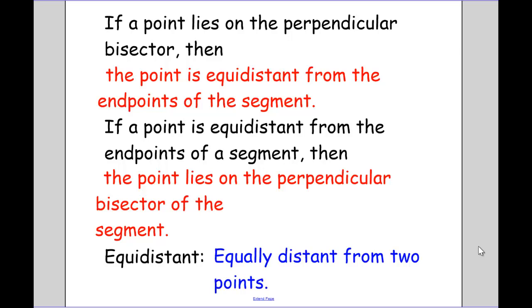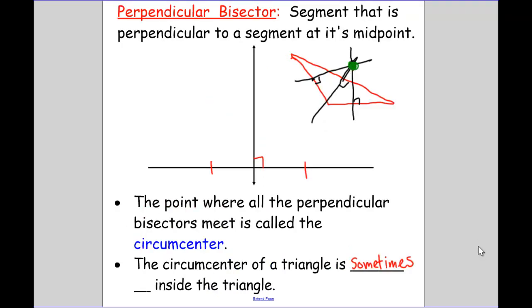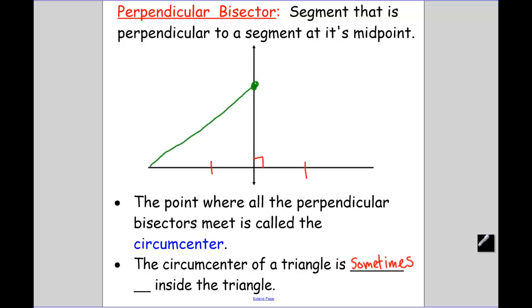So going back to the last picture, what that means: if I have a point on my perpendicular bisector, and I draw the distance from that point to the two endpoints, this segment's equal to that segment.